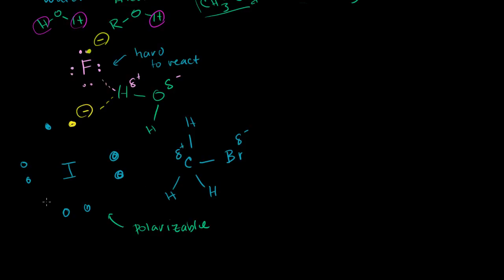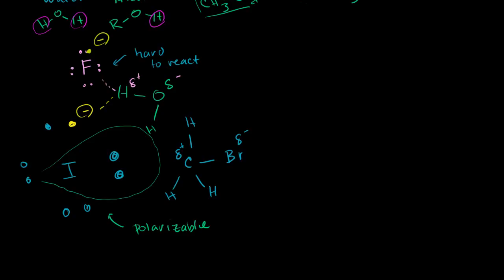And so when this big guy, with the electrons really far away, gets close to this, more of the electron cloud is going to be attracted to the partial positive charge, so it'll get distorted a little bit. And so it is more likely to react in a polar protic solvent. Fluoride, on the other hand, is very tightly packed, blocked by the hydrogen bonds, less likely to react.